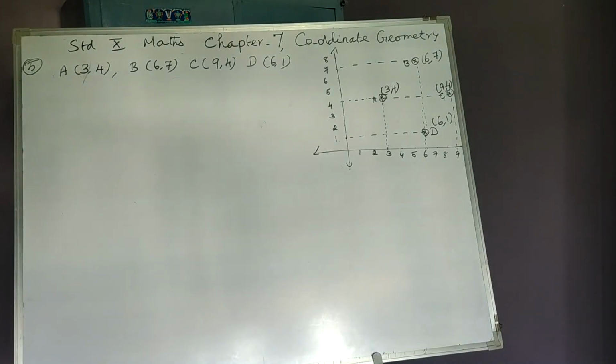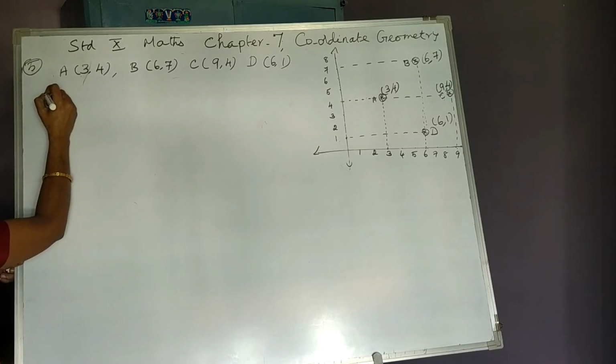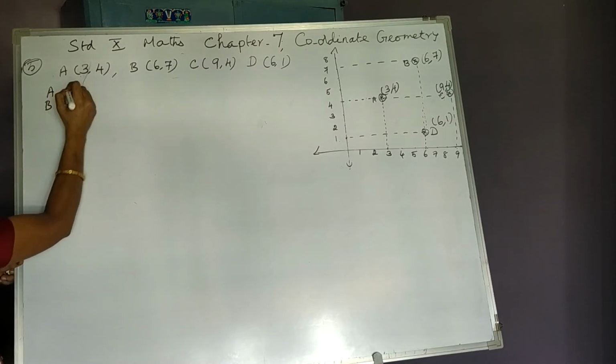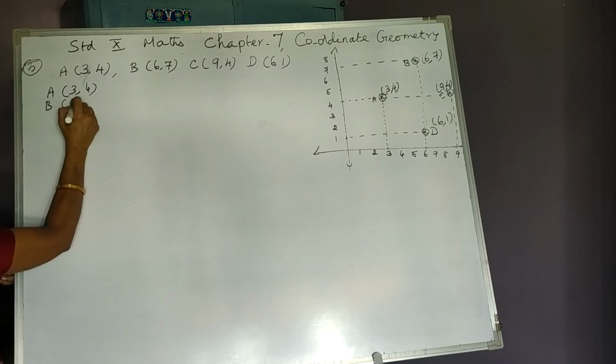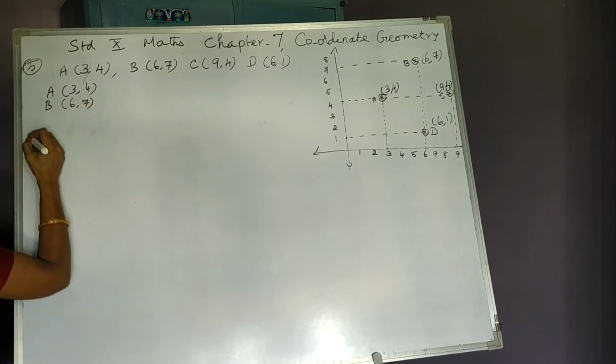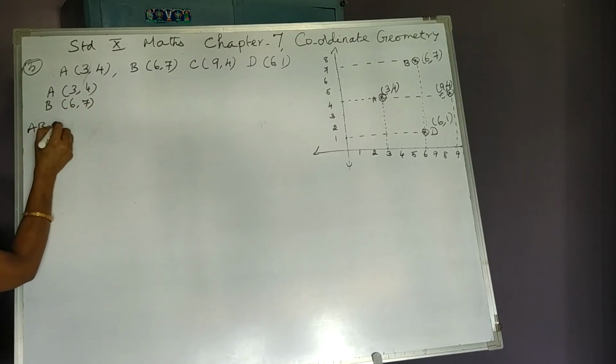Now we are going to find the distances. The points are A (3, 4), B (6, 7), C (9, 4) and D (6, 1). I write the coordinates one below the other. It is always easier to substitute. So I use the distance formula.